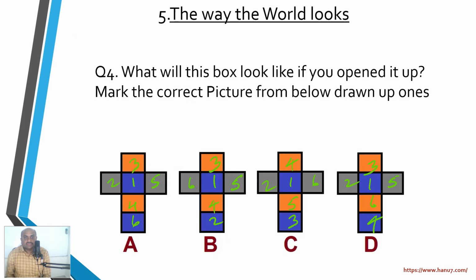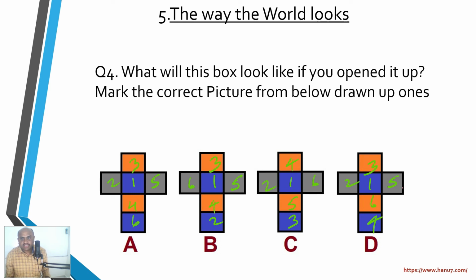Now, what will this box look like if you opened it up? Mark the correct picture from the below drawn-up ones. These are the drawn-up ones which I have drawn in the same colors I have shown you. Which box looks correct?